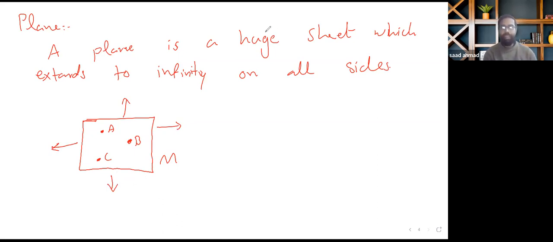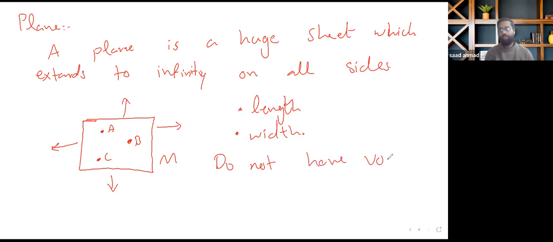So a plane has two things, length and width. Just like your computer screen, it has length and width, but it does not have any volume.